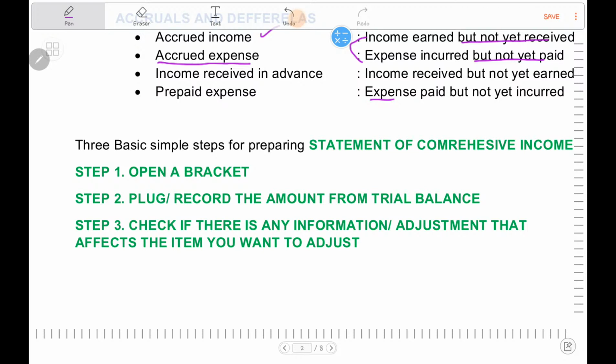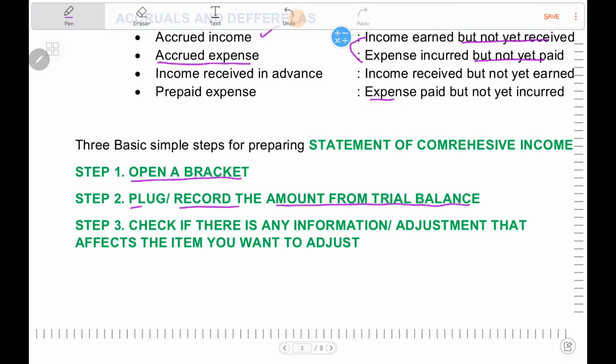So first of all, you will be writing the item that you will be adjusting at that time, whether it's an income or an expense. Then the first step is that you open the bracket. By opening the bracket, it means that you are going to show calculations so that you can earn some part marks.